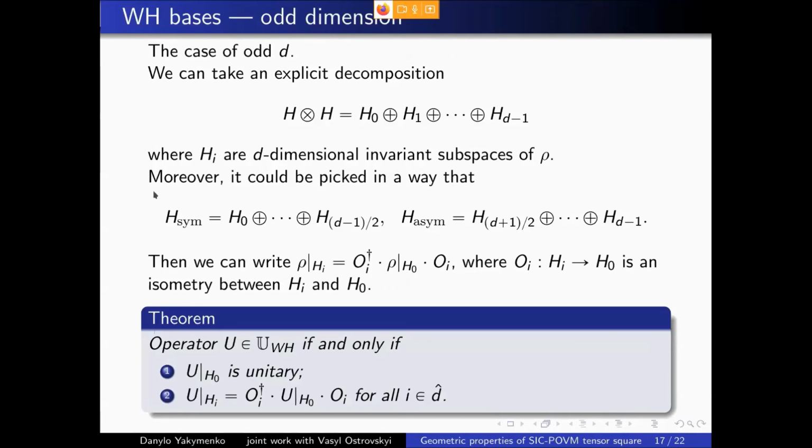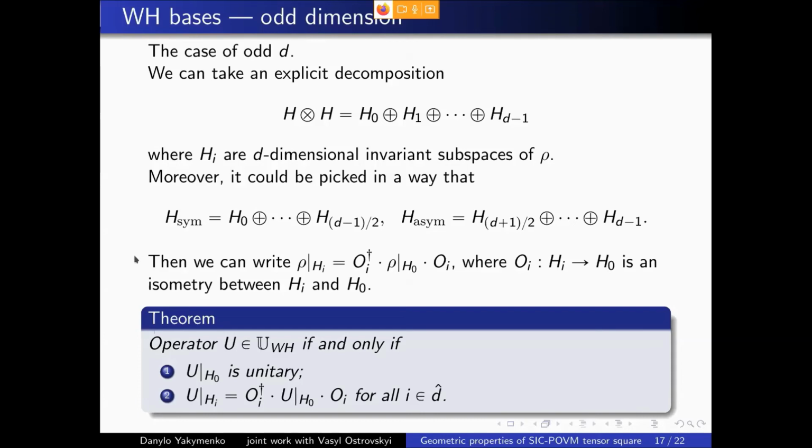Moreover, we can arrange it so that the symmetric subspace is a direct sum of, let's say, the first (d+1)/2 invariant spaces, and the antisymmetric subspace, which is the complement of the symmetric space, is the sum of the others.